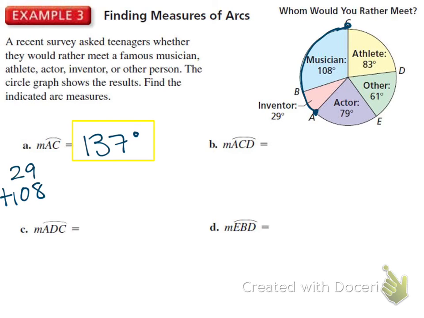A, C, D. So starting at A, we want to go towards C and end at D. So we're going to go up or down. Up, A, towards C, end at D. You can add, you already know what 29 plus 108 is. Just add 83. And we get, correct.